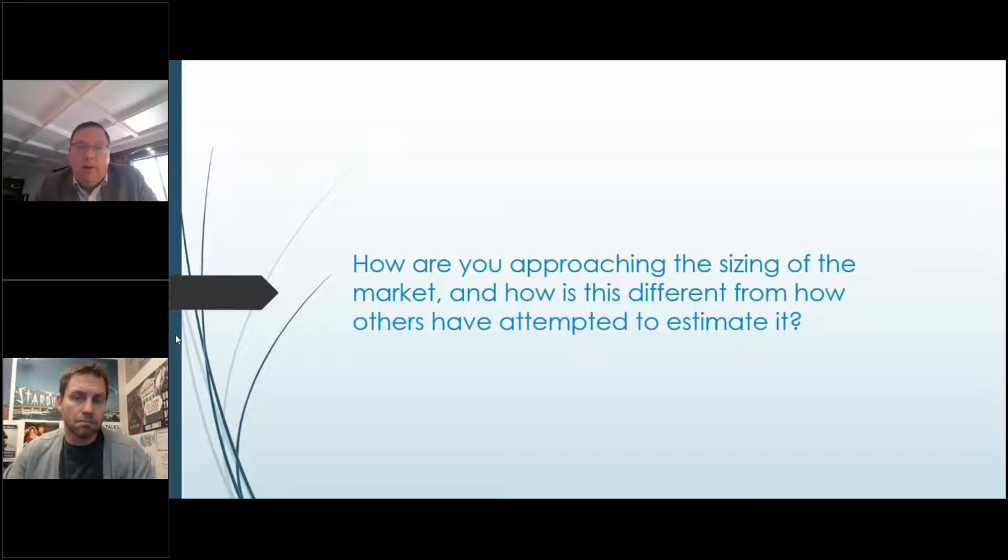So what we tried to do was a ground-up market sizing. We really tried to construct from the bottom what percentage of the population is going to be betting, how frequently they will be betting, what the size of their bets is, and how their bets break down within the various sports that they could bet on.